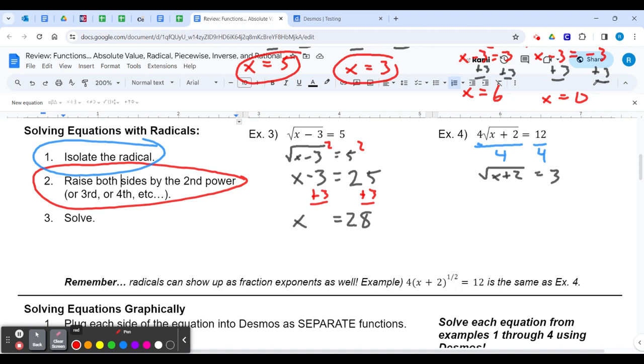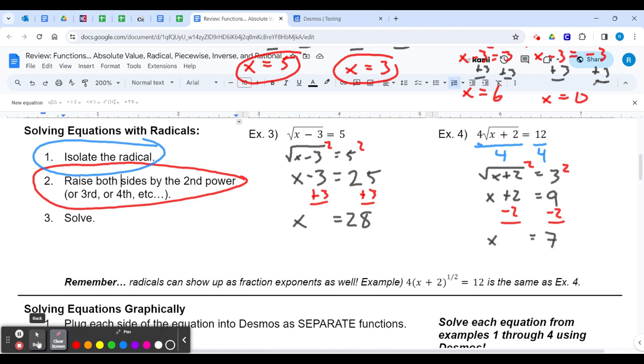Then we want to get rid of the radical on both sides, so I'm going to square both sides here. The square root of x plus 2, squared, cancels out, so we're just left with x plus 2. The 3 squared gives me 9. Then I can subtract 2 from both sides and get an x value of 7.